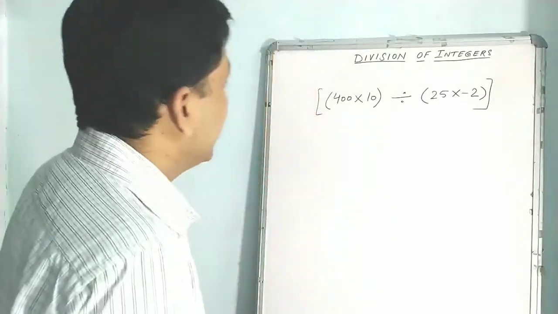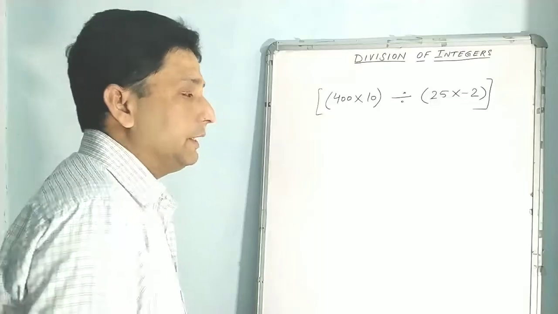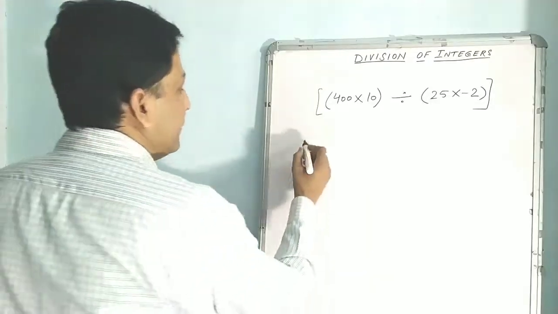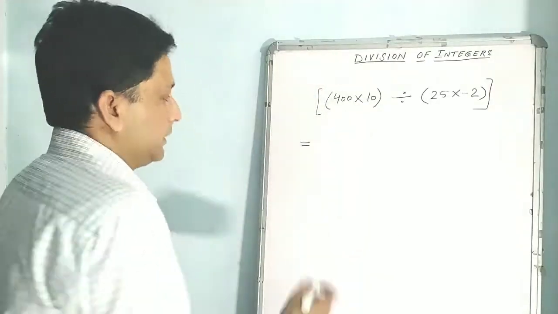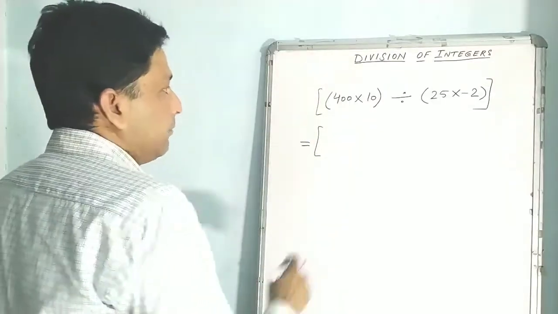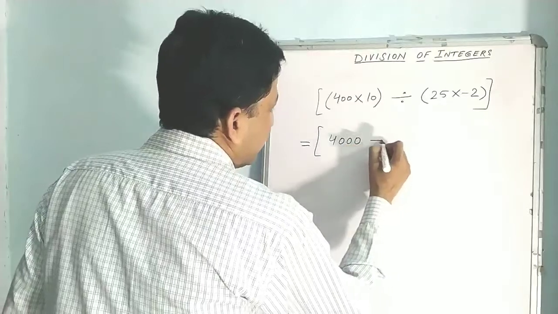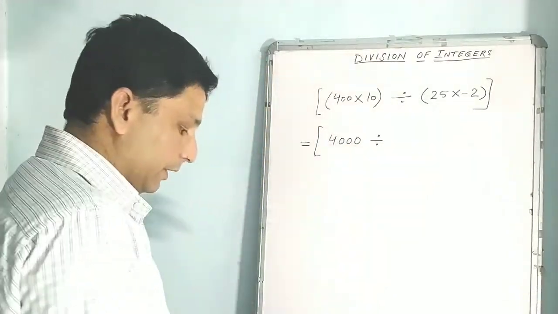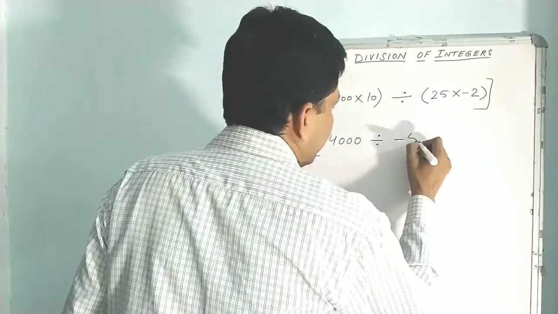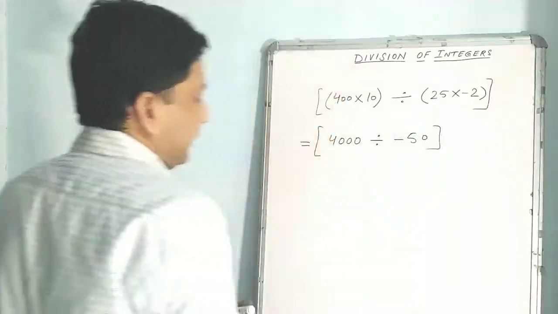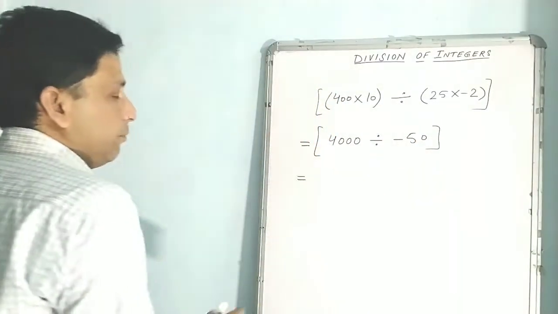Here you can see that there are two small brackets present inside the square bracket. So first of all we will solve the small brackets. Here in the next step after multiplying we will get 4000 divided by, here after multiplying we will get minus 50 in square bracket. In the next step we will open the square bracket.